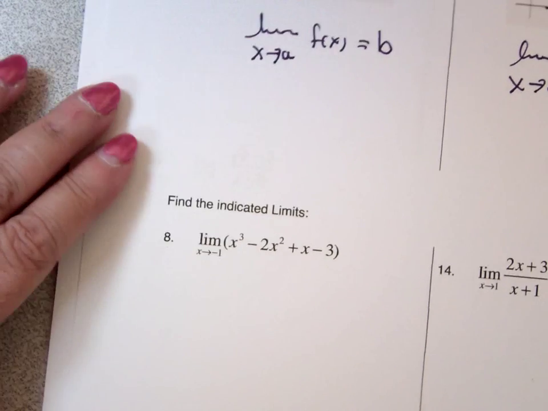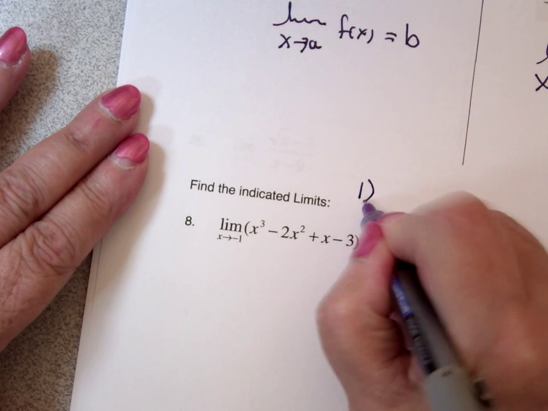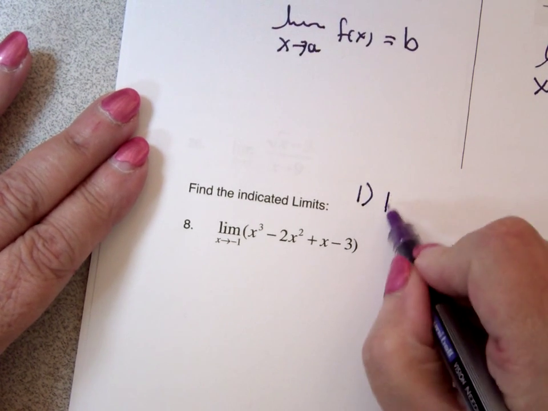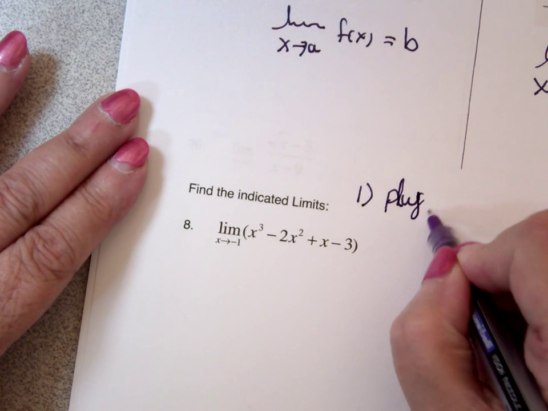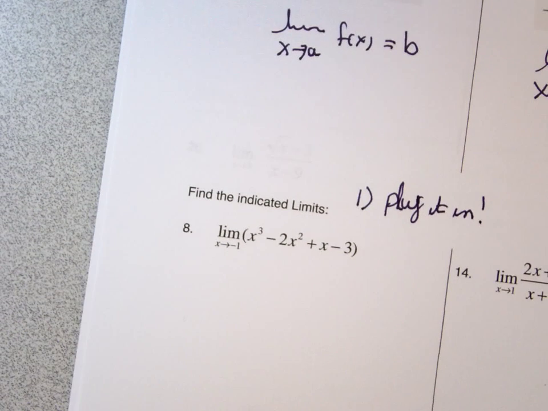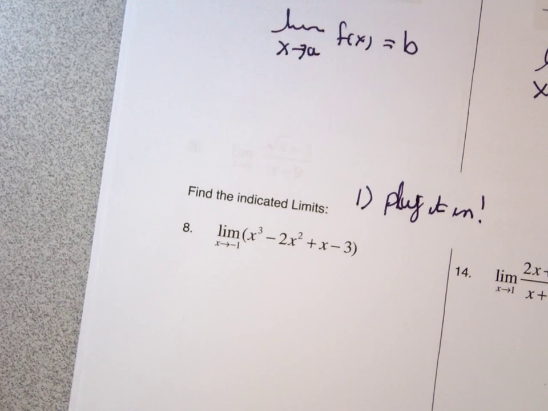Find the indicated limits. Now, this is easy. Step one, what am I going to do? Plug in -1. And then that tells me number in, number out, got the limit, done.